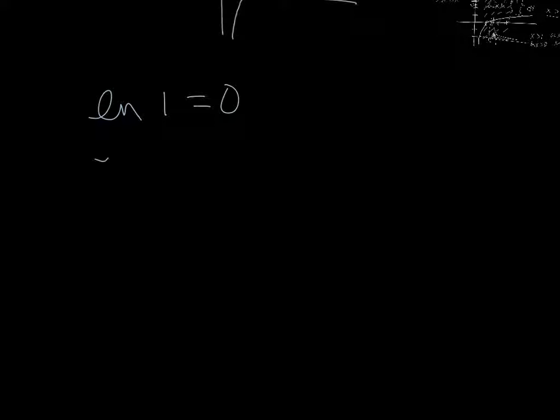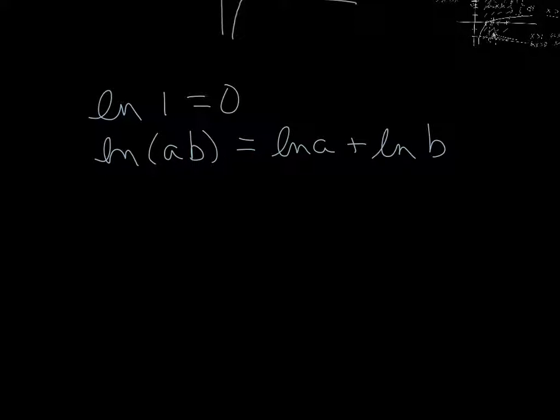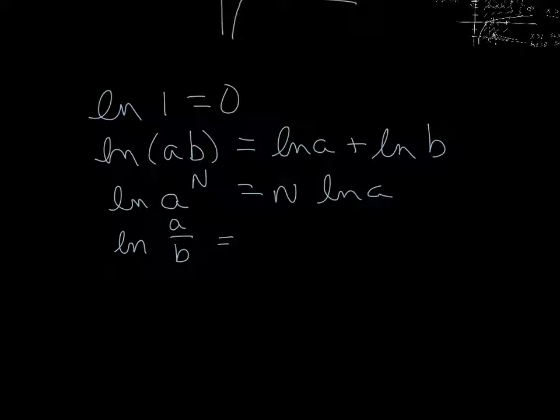If we have the natural log of a times b, we can rewrite that as the natural log of a plus the natural log of b. If we have the natural log of a raised to the n power, that can be rewritten as n times the natural log of a. Or if we have the natural log of a divided by b, we can rewrite that as the natural log of a minus the natural log of b.